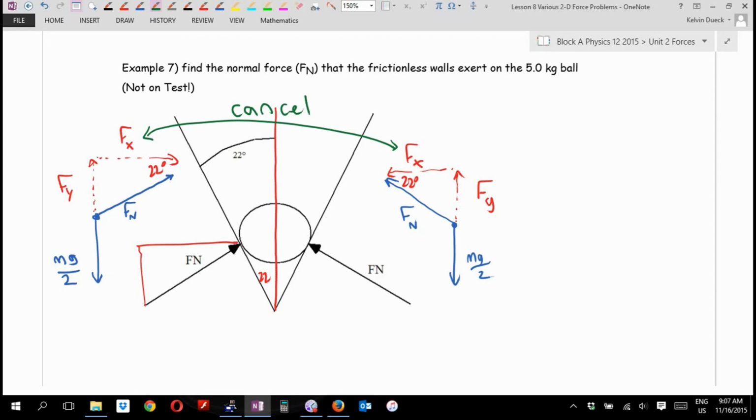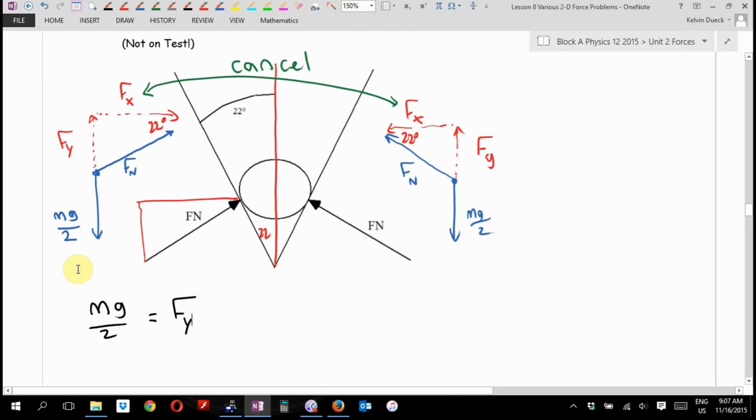Okay? What I'm really going to say here is mg over 2 is being canceled out by Fy. Fy, which trig function?